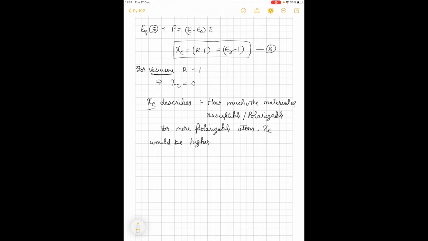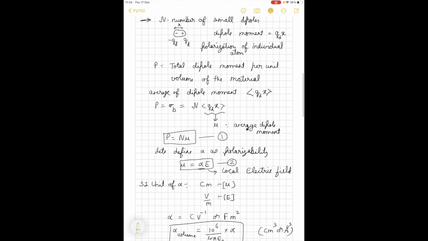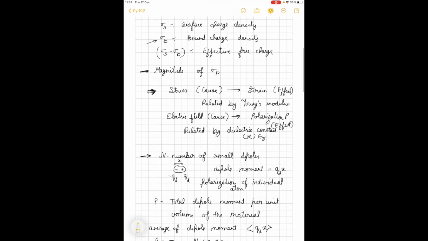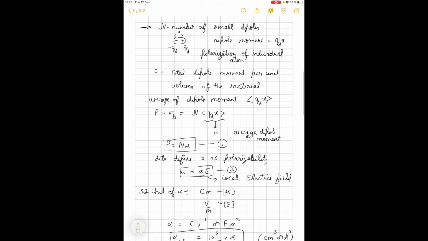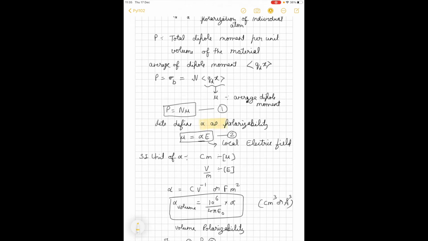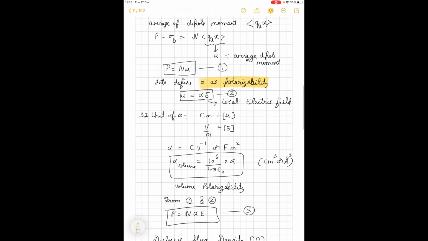So in this topic till now we have introduced, most importantly, 3 quantities. The first one is the dielectric polarization itself, which is P. The second one is the polarizability, alpha, and generally we use something called alpha volume, which depends on alpha and has the unit of a volume.